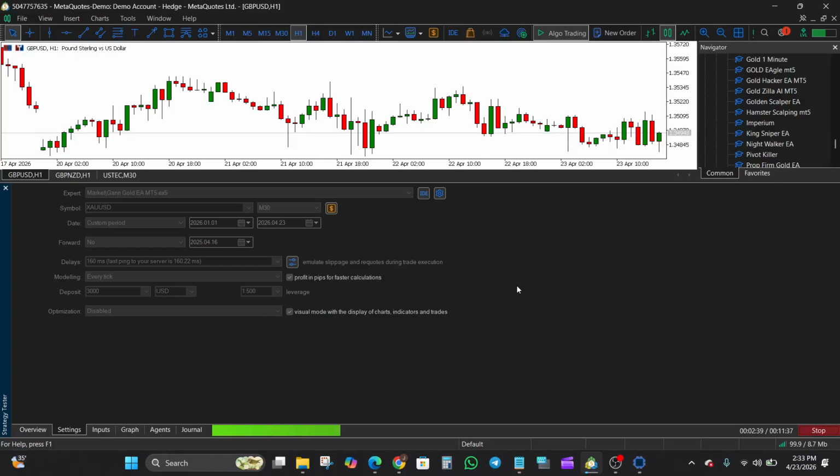But because of the risk structure, even if we happen to have more losses than profits, ideally, if the risk to reward ratio is 1 to 3 and we have up to maybe 40% of wins, we should still be in profit. All right, but let's wait for the results to be out and then we're going to see for ourselves. Okay, we're just going to give it a couple of minutes and the results will be out. So I'll be back once the results are out so we can analyze it together.